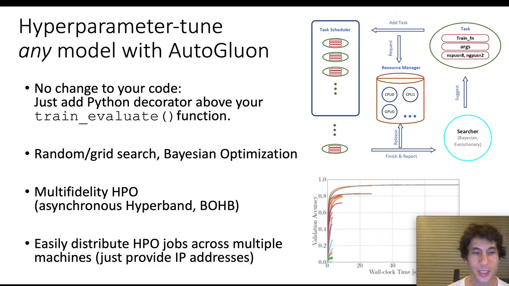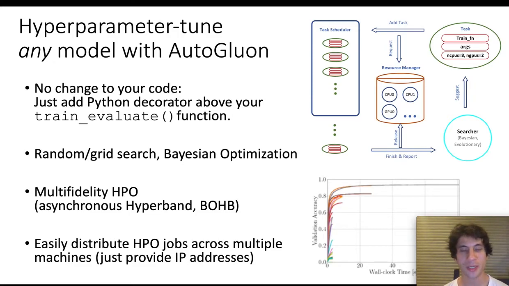By leveraging such proxies, these multi-fidelity methods are able to find hyperparameters much faster than the aforementioned methods that require you to fully run your training jobs before you can report the resulting performance and move on to trying new hyperparameter configurations.